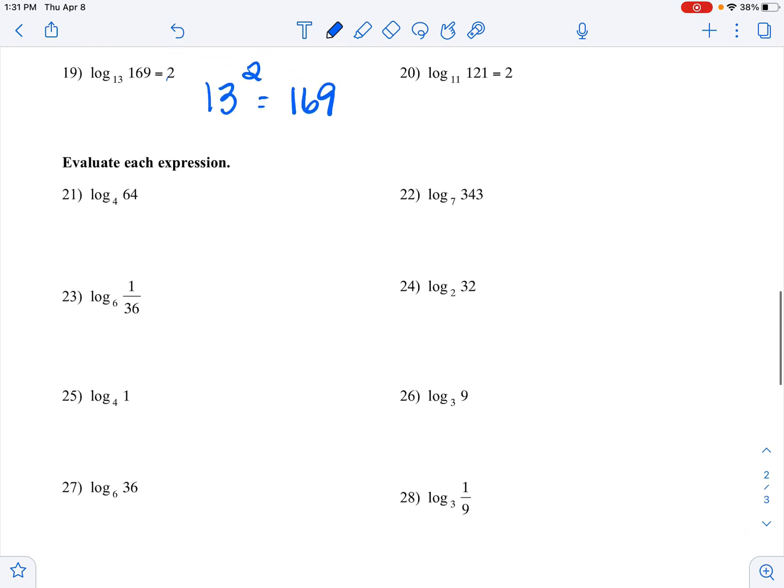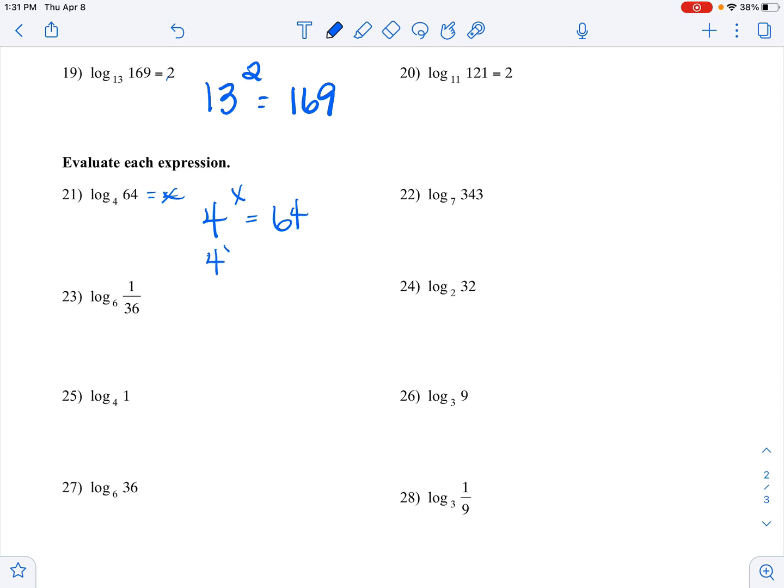Now, when I ask you to evaluate them, this is where you actually are going to be doing some math. So 4 to what exponent is equal to 64? Well, I'm going to make both of my bases the same.